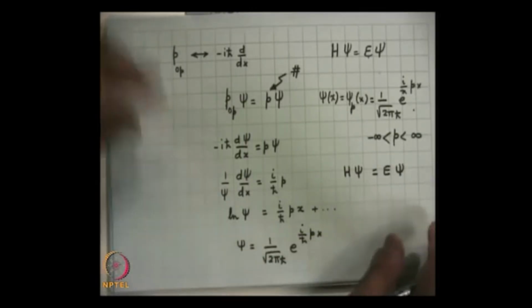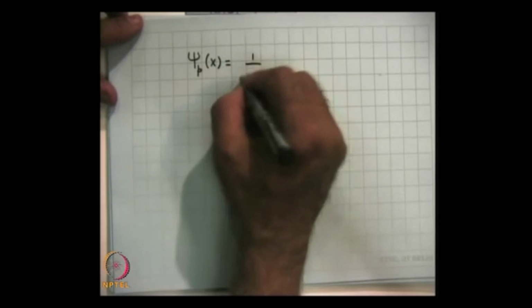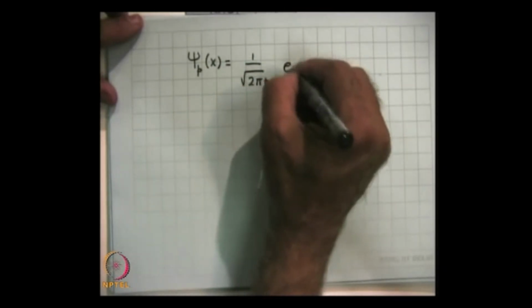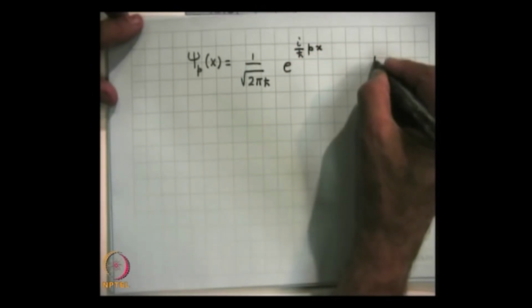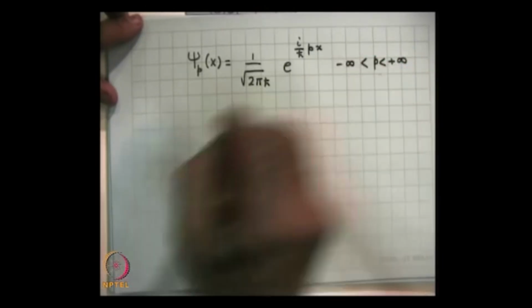So, therefore, we say that psi p of x is equal to 1 over root 2 pi h cross e to the power of i by h cross p x, p going from minus infinity to plus infinity.